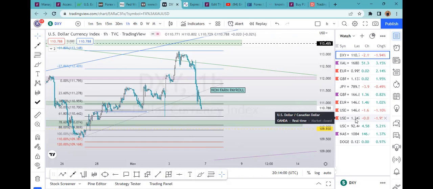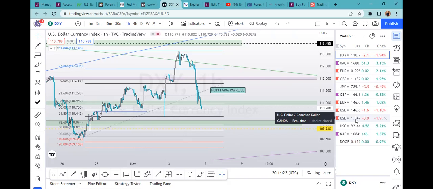First of all, NFP is a US-based indicator. So if you're not trading anything related to USD, it doesn't really concern that economy, even though USD is a major currency. But this is the US, and what's happening in the US is why it's really affecting the dollar.